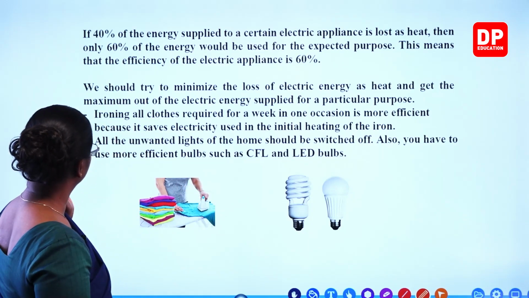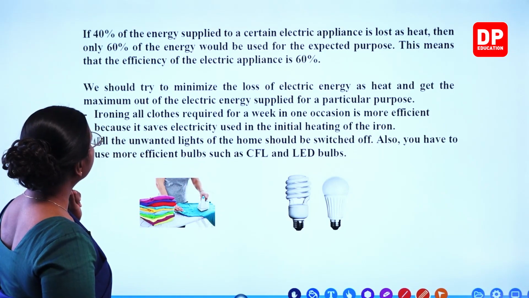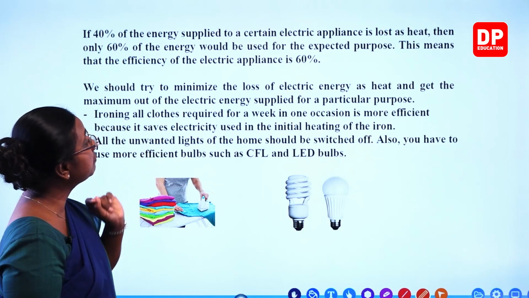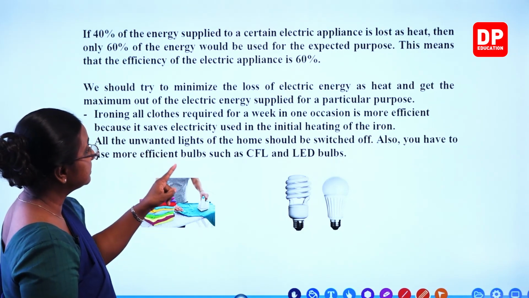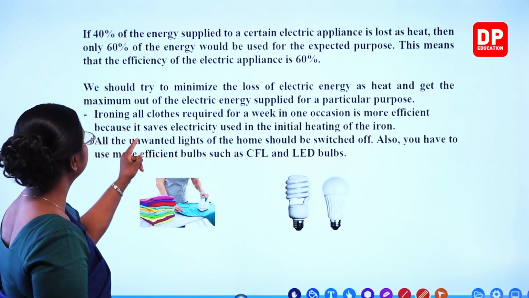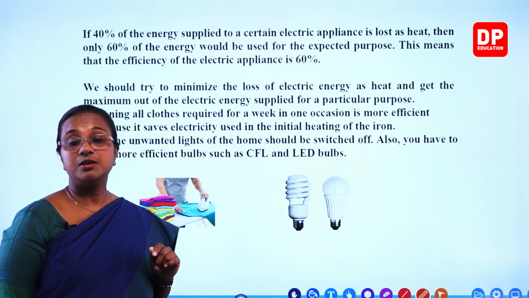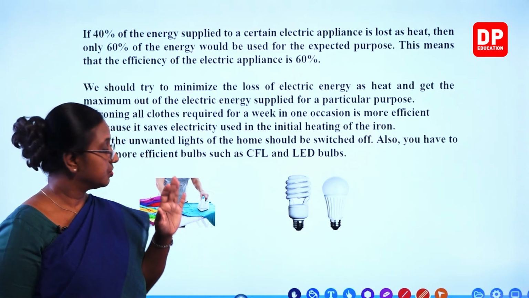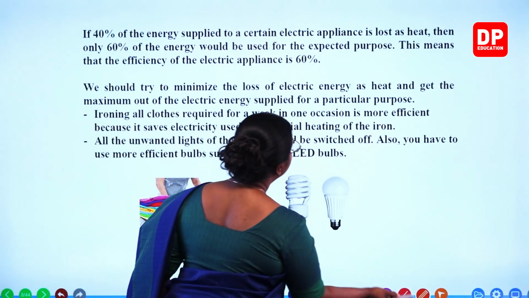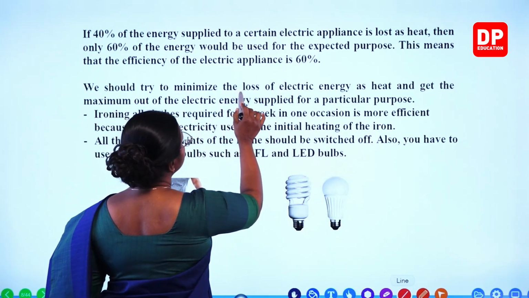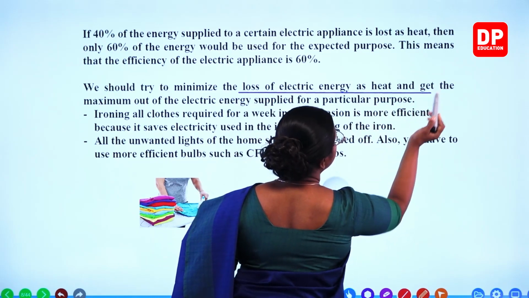Some are given below. So we should try to minimize the loss of electric energy as heat and get the maximum out of the electric energy supplied for a particular purpose. So we should try to reduce the loss of electric energy as heat.